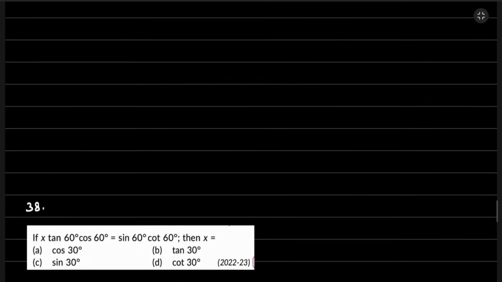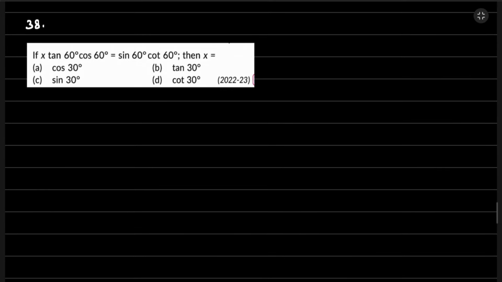Question number 38. Yes. So if x tan 60 cos 60 is equal to sine 60 into cot 60. So you should know all of these values in order to find the value of x, and then the angle also. Let's do it.